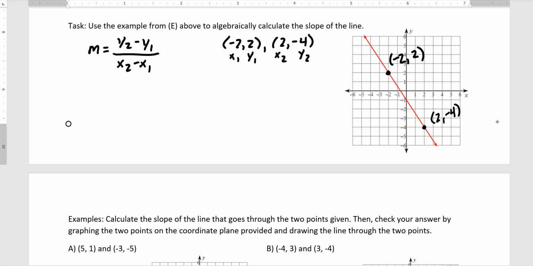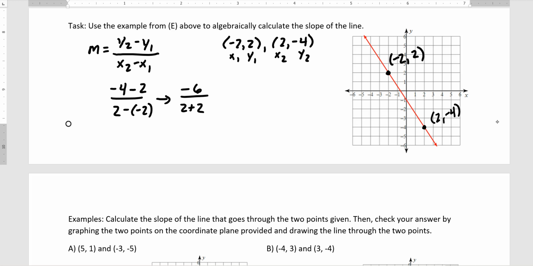Then we plug in these values. y2 is -4 minus y1 is 2, over x2 is 2 and x1 is -2. Notice I'm subtracting both of those, so subtracting a negative will turn that into a positive. -4 minus 2 would give me -6. 2 plus 2, right?